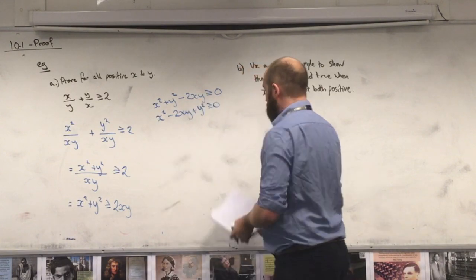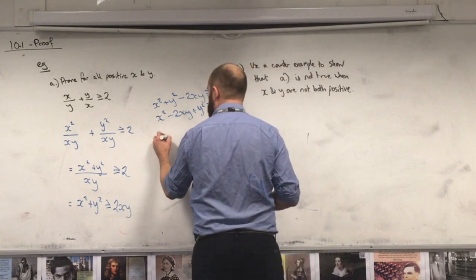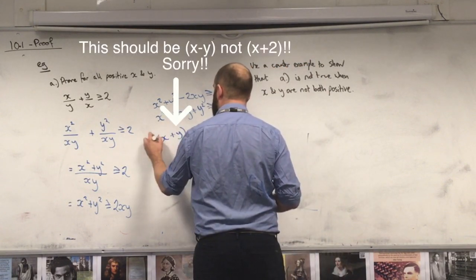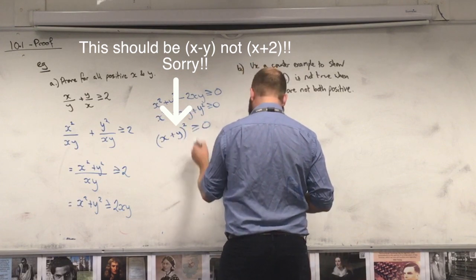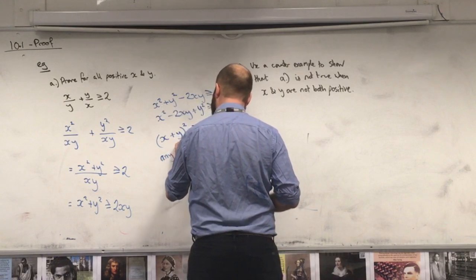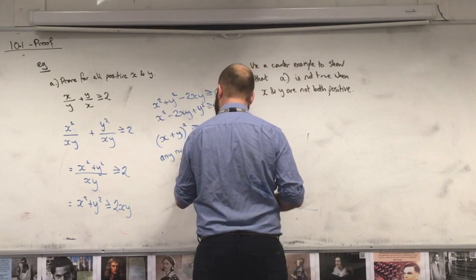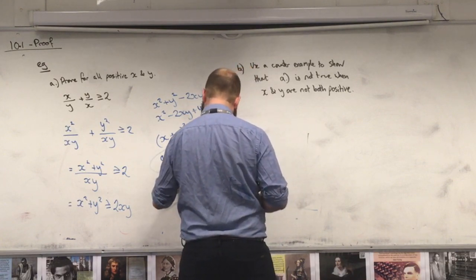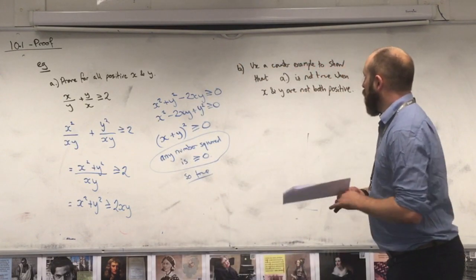And some of you will hopefully be able to spot that that's an expanded quadratic. So if you have (x minus y) all squared, it does expand to give you that. So you have to prove that that is greater than or equal to 0. Any number squared is greater than or equal to 0. So it is true.